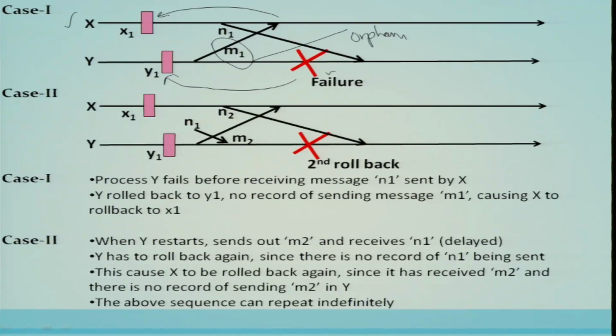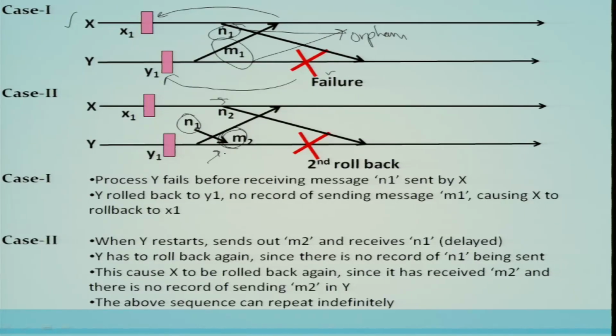Now once process X rolls back, this particular N1 will become an orphan, and the previously sent message will arrive here as a duplicate message, because if it restarts from here, the sending of the message M1 will be replayed and that event will become N2. So this message will arrive here, and this is an orphan message. Why?